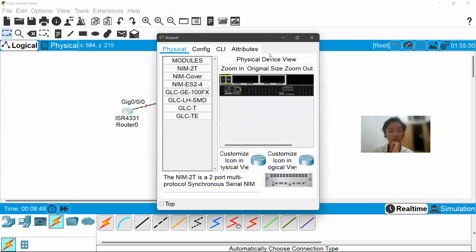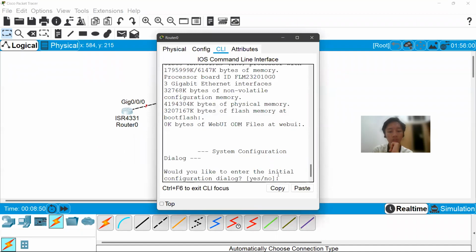The configuration is simple, not difficult. When asked, would you like to enter the initial configuration dialog? You must say no.